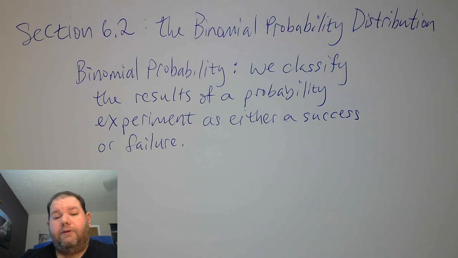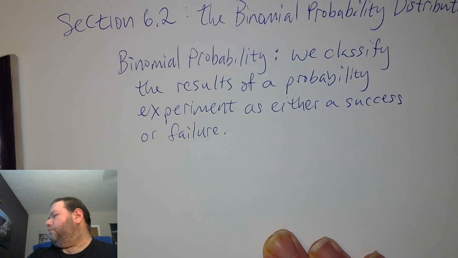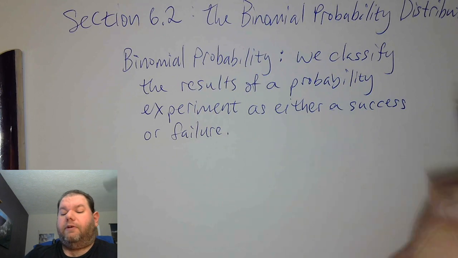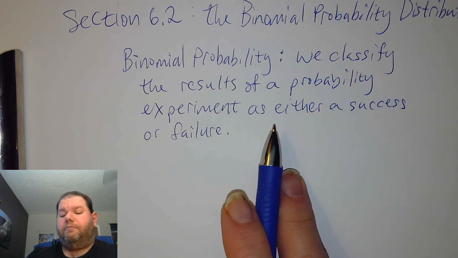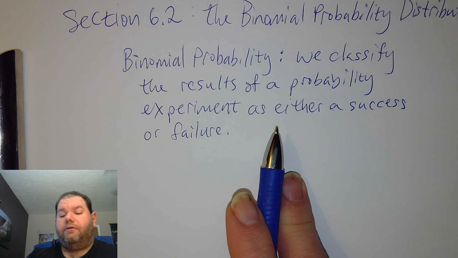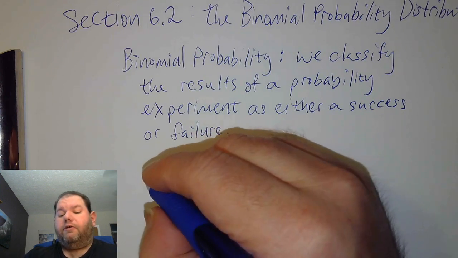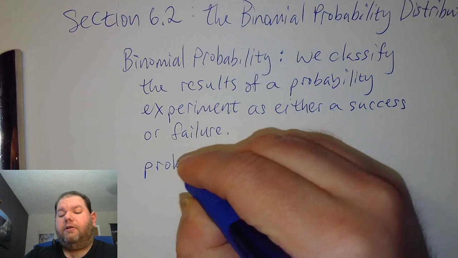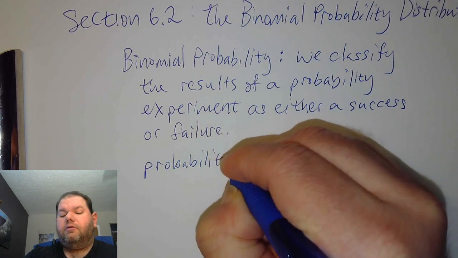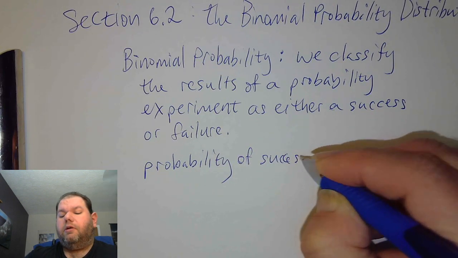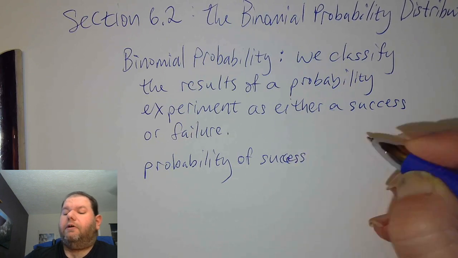So, let's look at some terminology and some notation kind of simultaneously. So we said each experiment has outcomes defined as either success or failure. So the probability of success, two C's in success, sorry.